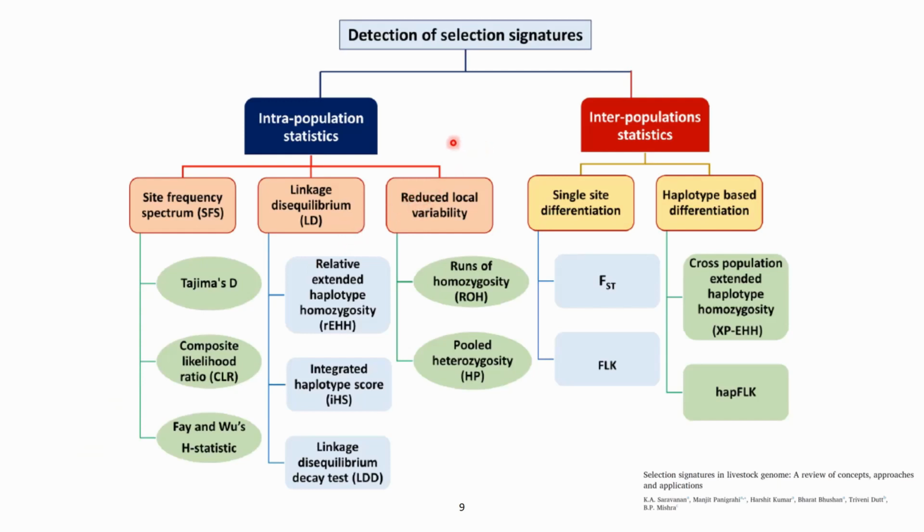One is that if you're interested in selection signatures, first you need to decide if you want to look within the population or between populations, because then you need to use entirely different methods. And the second thing, this figure shows that even within the intra or interpopulation methods, there is a huge possibility of choice. So you can go ahead and find out plenty of things about the populations of your interest.